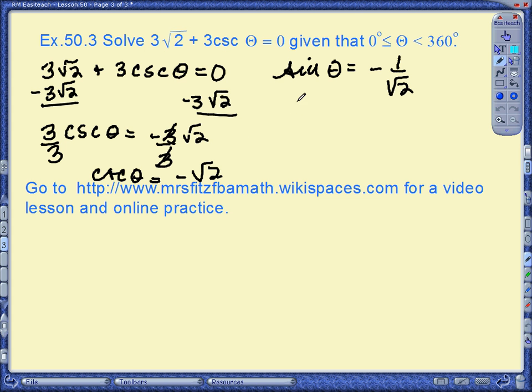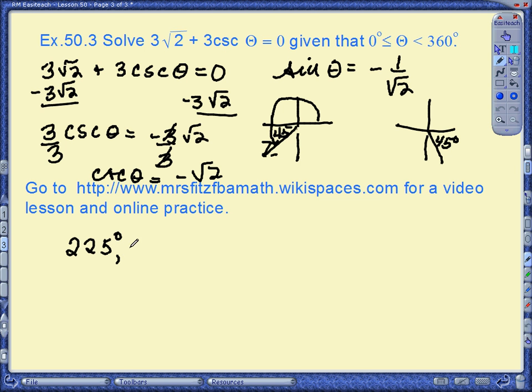Sine is negative in the third quadrant. It's positive in the second and the first, and also in the fourth quadrant. This is the sine of a 45-degree angle in each quadrant. Okay, related angle. We've gone 180 plus 45 to get to there, so our first angle is 225.